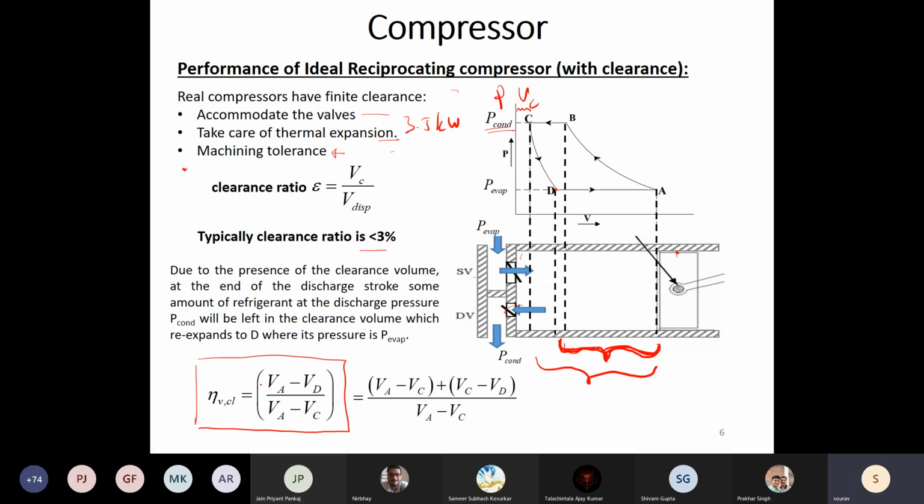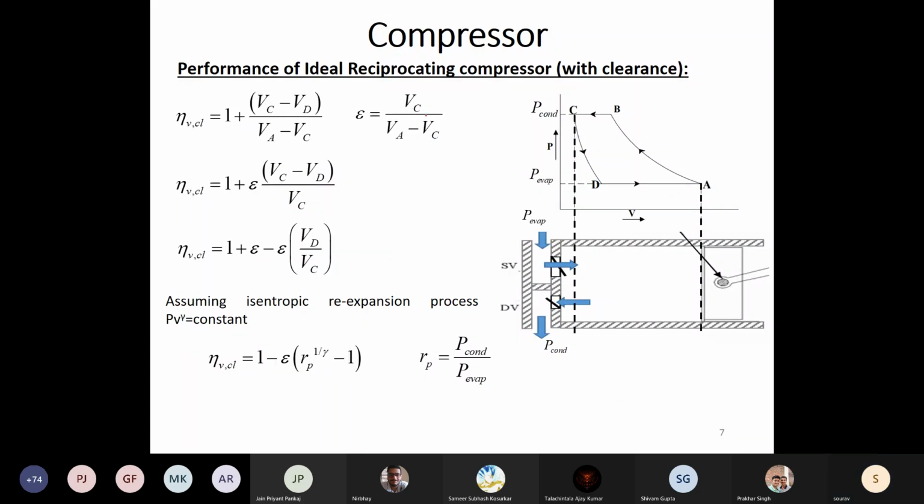So this is the definition, VA minus VD upon VA minus VC. And then you can manipulate by adding and subtracting VC in the numerator, and then you come up with this expression. Just by some simple mathematical substitution, you will end up with this expression finally.